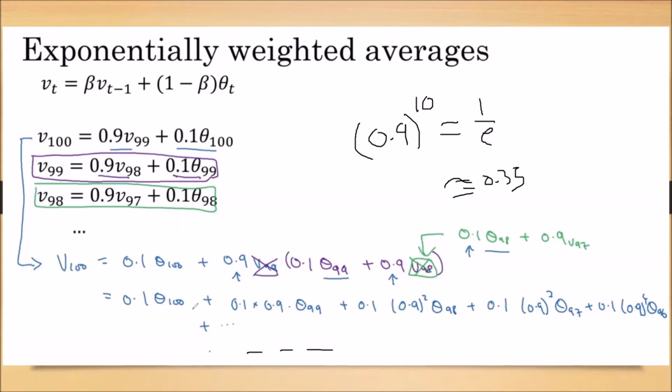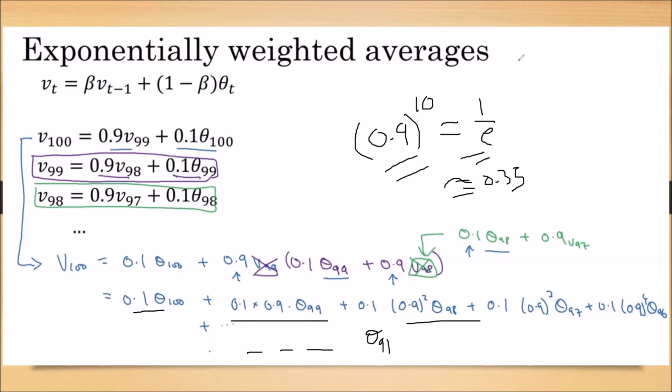So even though we can take many terms, theta 100, theta 99, and so on, after theta 91, even though there are terms existing, theta 90, theta 89, the coefficient of theta 90 is 0.9 power 10. It is very small.